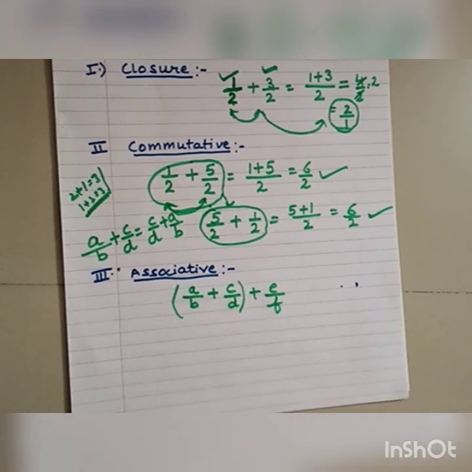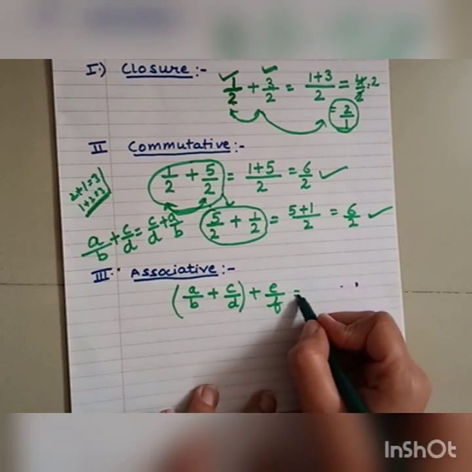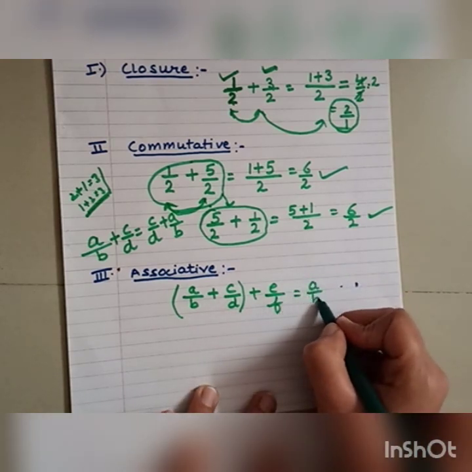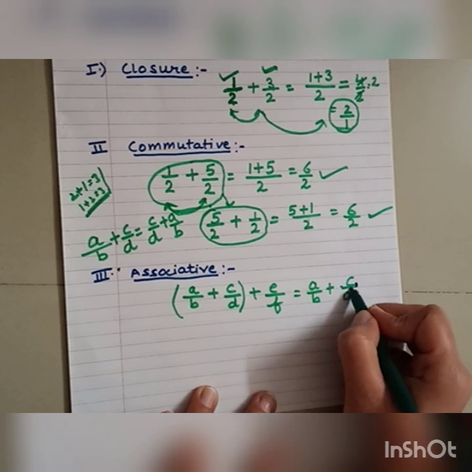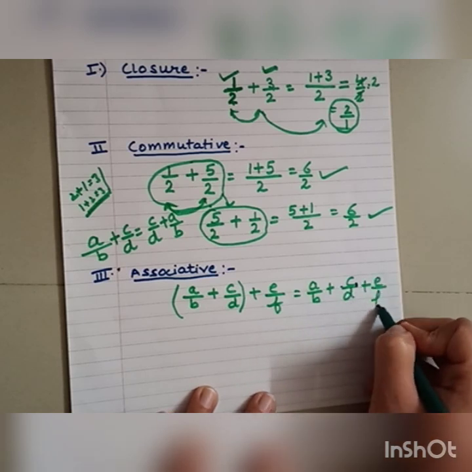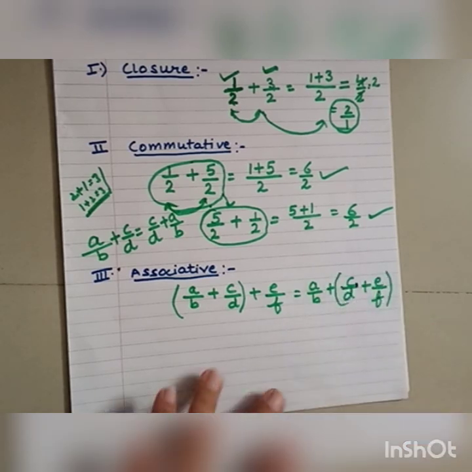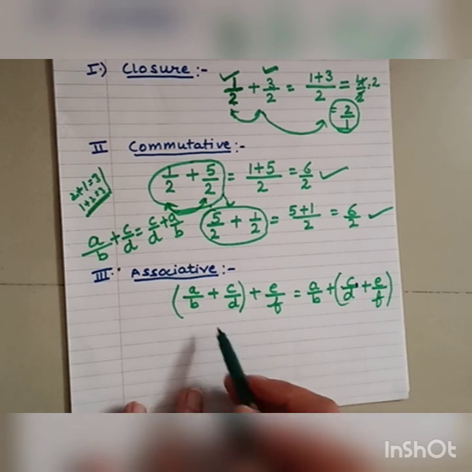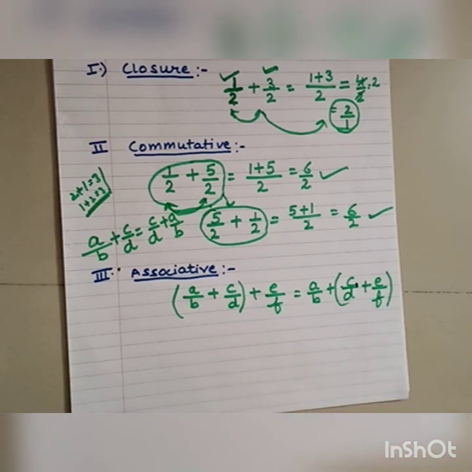On the left hand side we group the first two, and on the right hand side we group the last two.